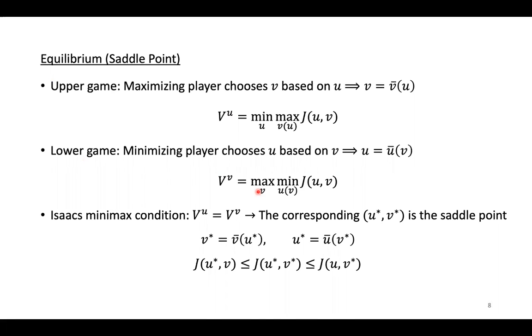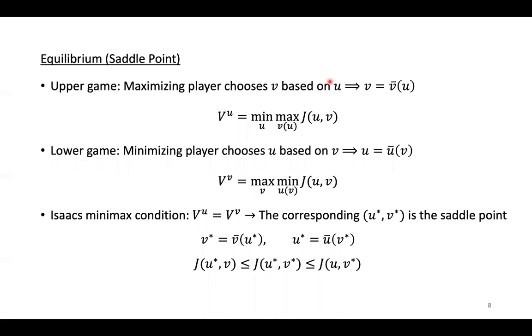The upper game is a situation where the maximizing player is already given what the minimizing player is going to choose. Notice that in the differential game, similar to what we see in the optimal control setting, we are trying to search for a function, not a single action at a time, right? It's an infinite dimensional object that you're trying to figure out that optimizes the cost.